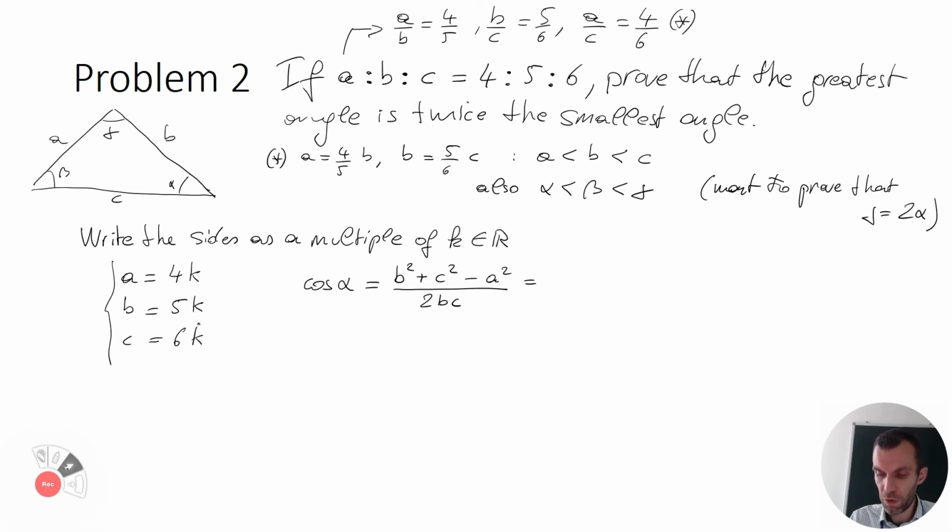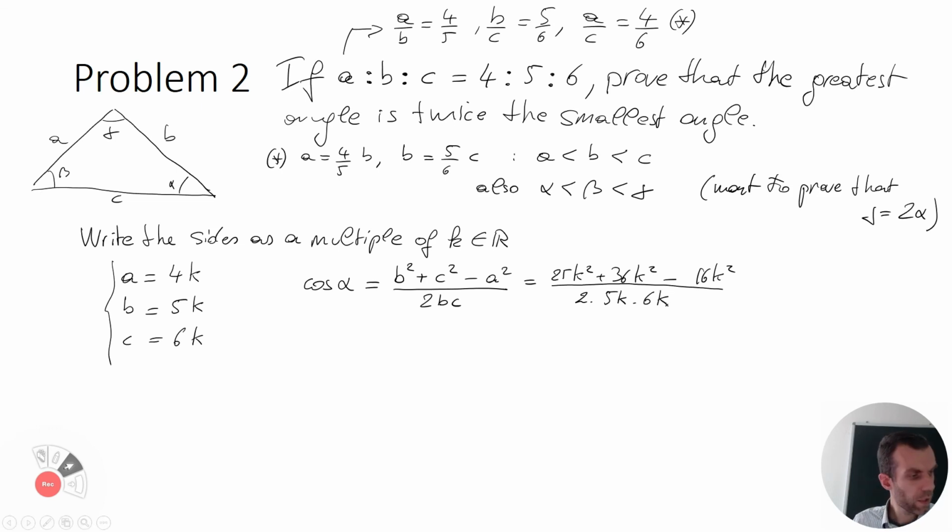And if I substitute what I've just found, I get 25k squared plus 36k squared minus 16k squared divided by 2 times 5k times 6k.